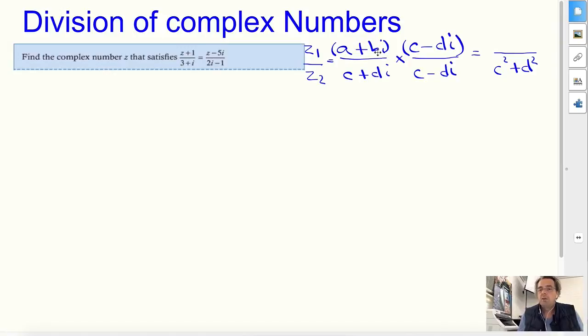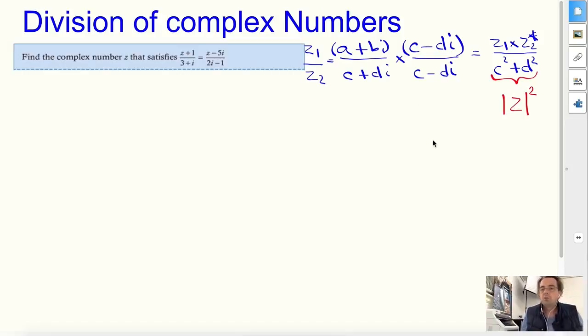So this one is z1, and this one is the conjugate of z2. The bottom here, if you look closely, looks like the modulus of a number. It is the modulus of z. But we forgot to take the root of it. So it's not the modulus of z, it's the modulus of z squared.